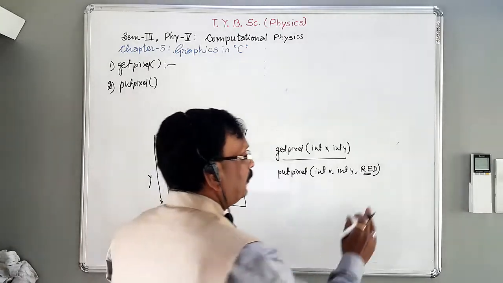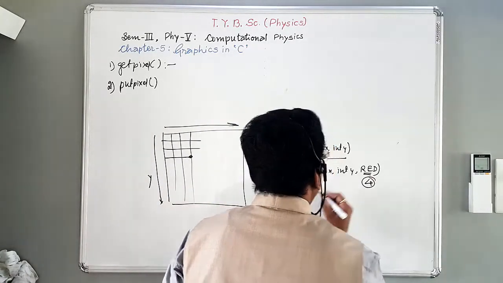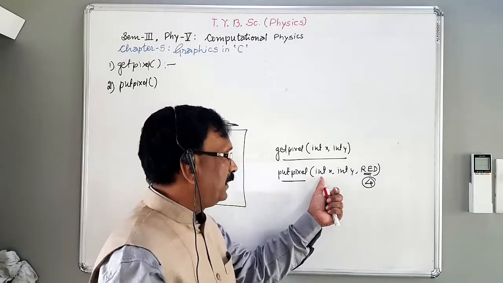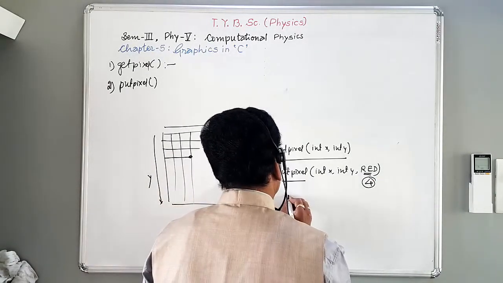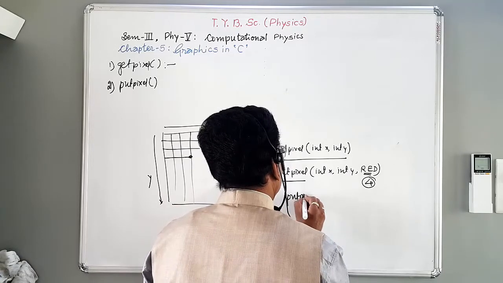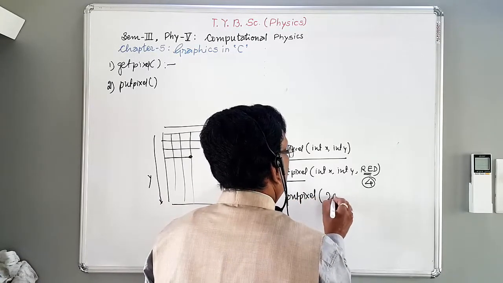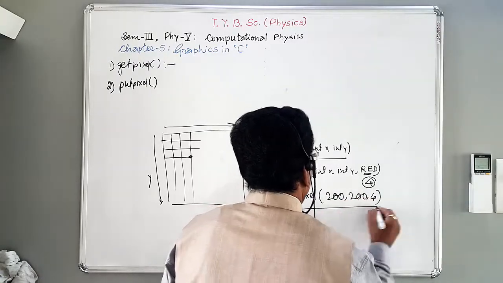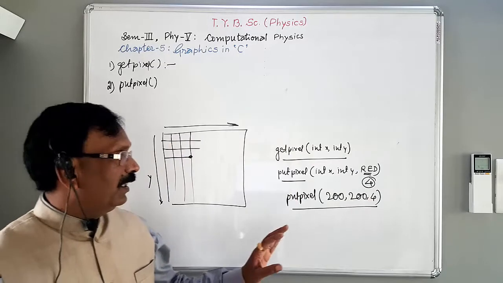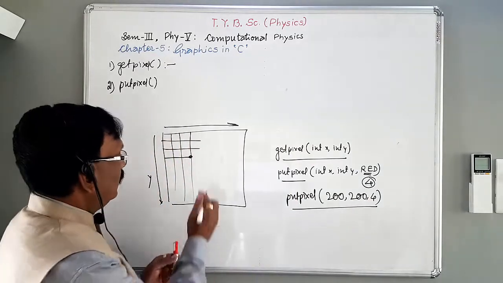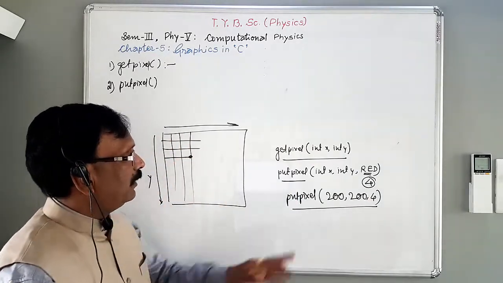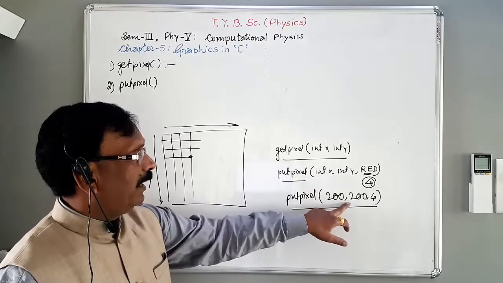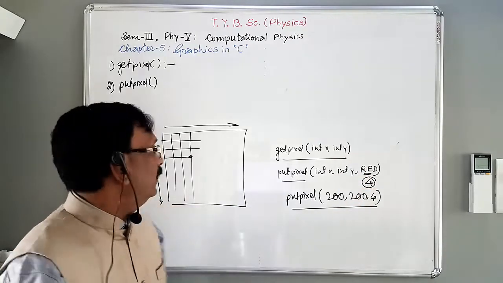If we use here 4, then obviously, for example, put pixel 200, 200, 4. If we give this command to the computer, obviously the integer value of x is 200, the integer value of y is 200 and 4 represents red color.